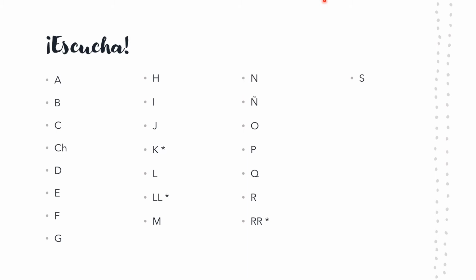So for example, pero, that's the conjunction but, P-E-R-O, but the word for dog is perro, perro. So that's going to be a rolling of the R versus the pero, very soft D sound, or the singular R. So they're very different, even though there's only one R additionally.